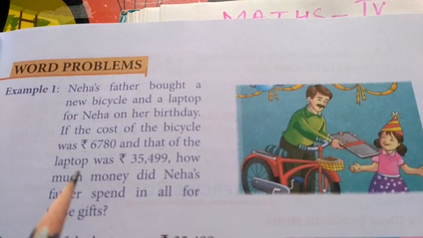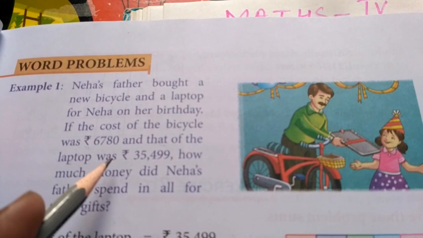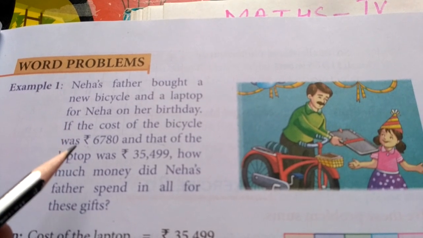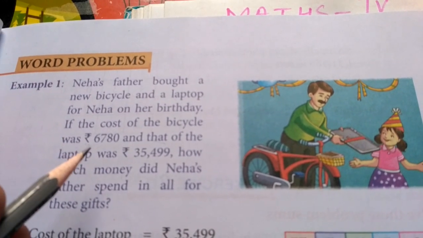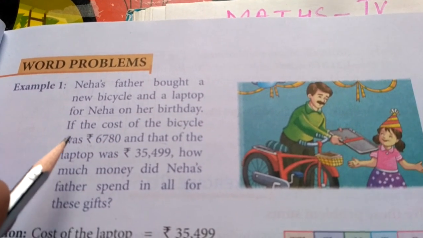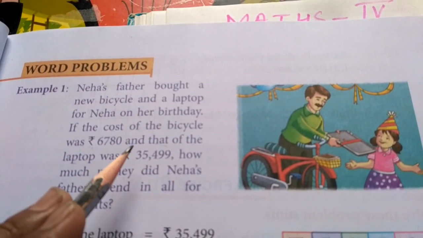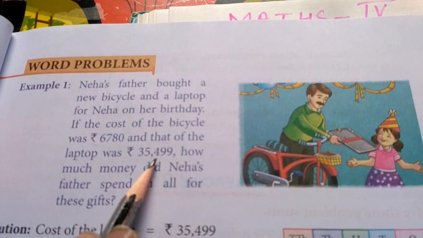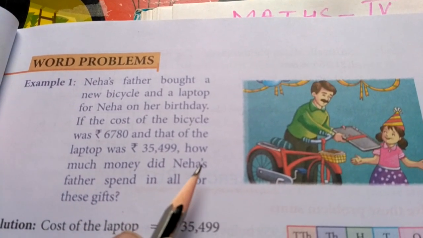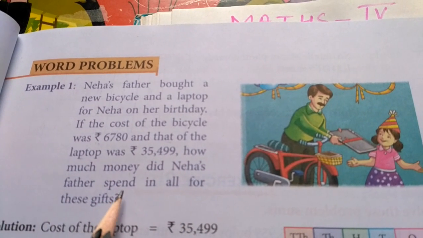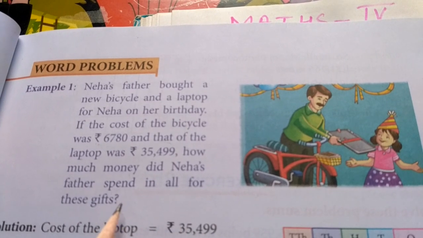So after reading this statement, we come to know that yes, two items Neha's daddy has purchased, and the cost, the price of both the items, that of the bicycle is rupees 6,780 and that of the laptop is rupees 35,499.